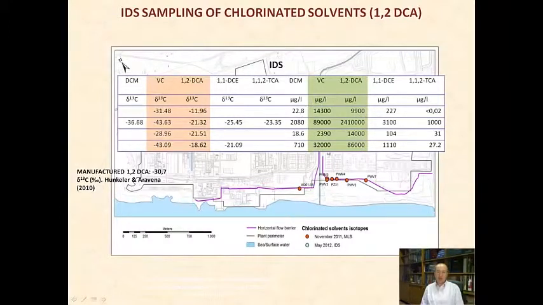If you look at the situation in terms of concentration in the source area, we can see that very high concentrations are found in the source area, and the isotopic value reflects the composition of the manufactured 1,2-DCA. But at the same time, there is some enrichment factor in the 1,2-DCA, which means that there is some possibility for natural biodegradation, and this area is represented by values ranging from -12 to -21 in terms of delta 13 carbon.